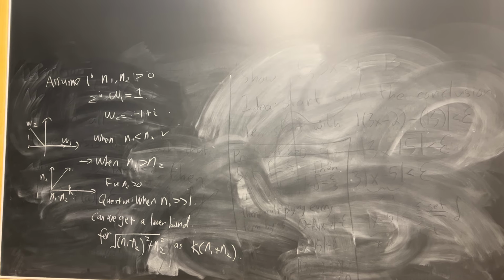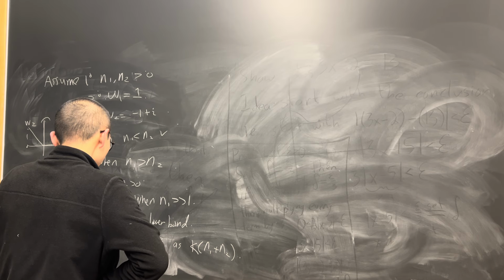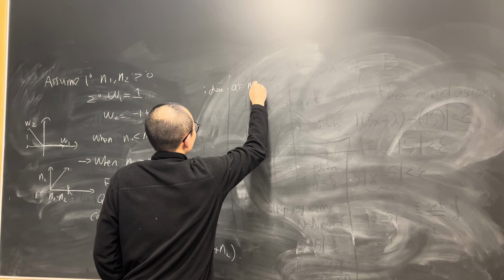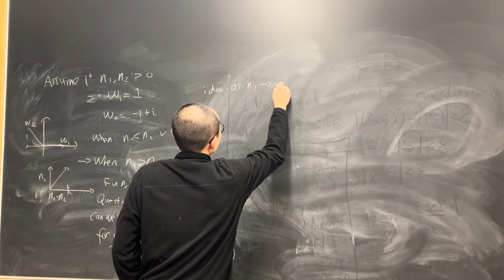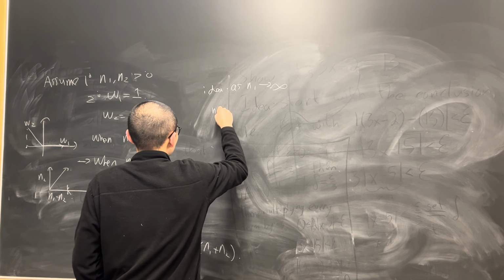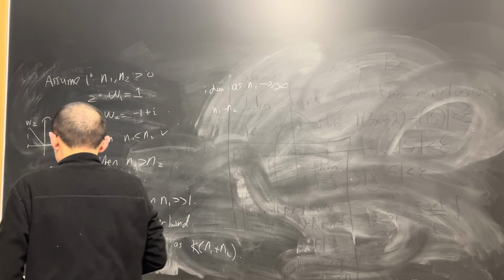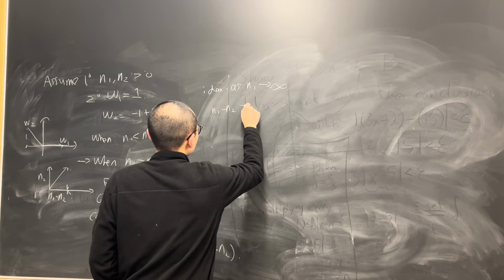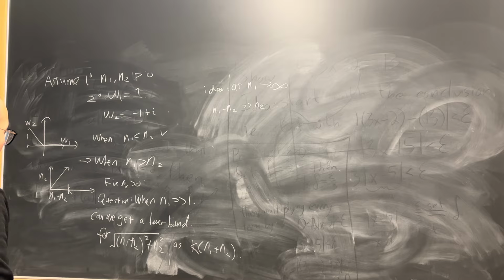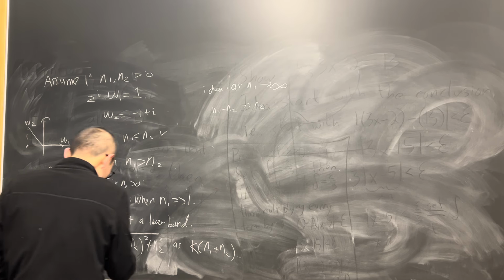Roughly speaking, as N1 goes to infinity, N1 minus N2 is strictly dominating N2.